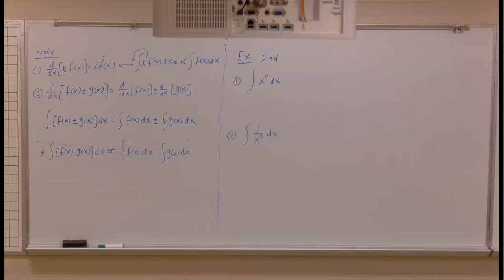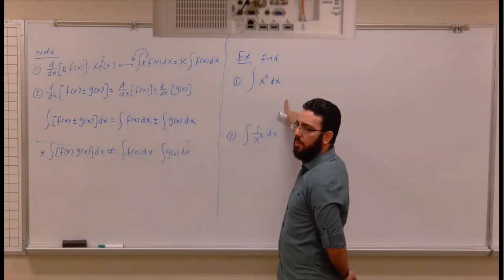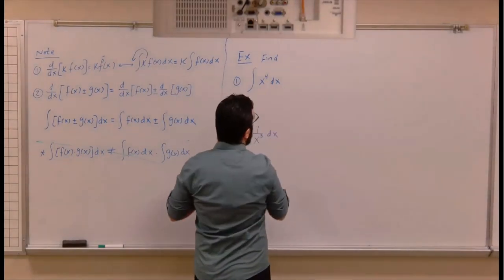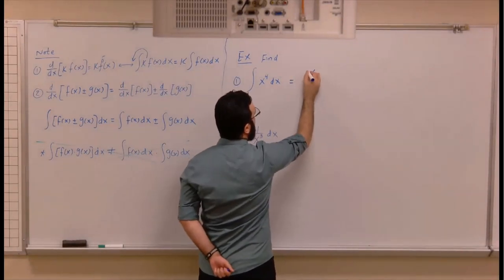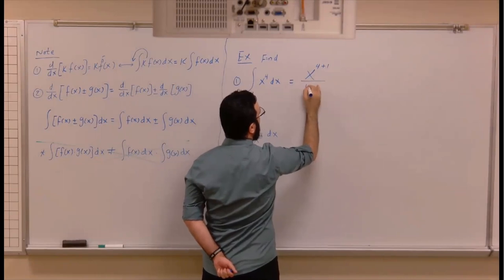The first example, they ask you to find the integral for x to the power 4. The integral for x to the power 4, you're going to use rule number 3. You're just going to add 1 here. That means this one is going to be x to the 4 plus 1 over 4 plus 1.